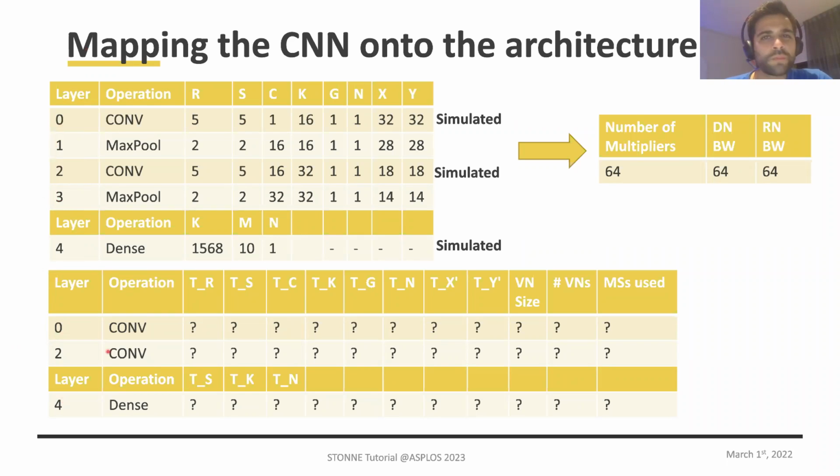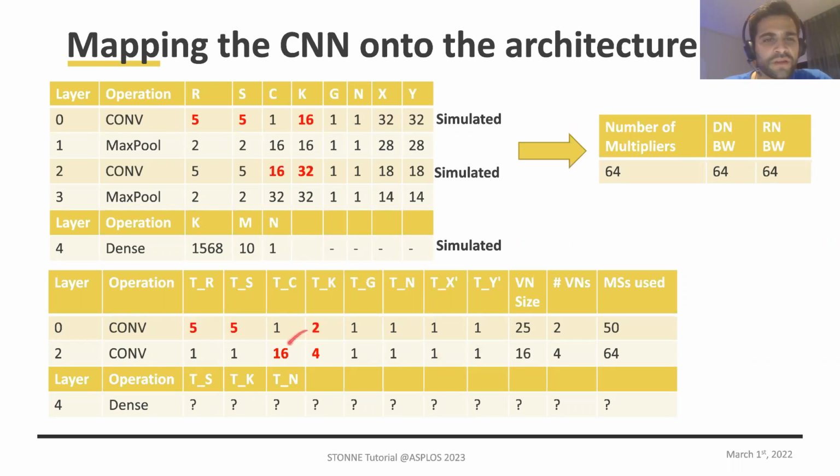I'm not going to get into details, but the first layer will be tiled like this. Basically, we are trying to maximize the number of multipliers. We have 64 multipliers. We basically manually try to see what is the best tiling for that layer. So in this case it is 5 by 5 and here 2 filters at the same time.